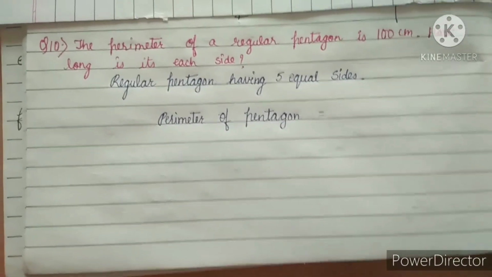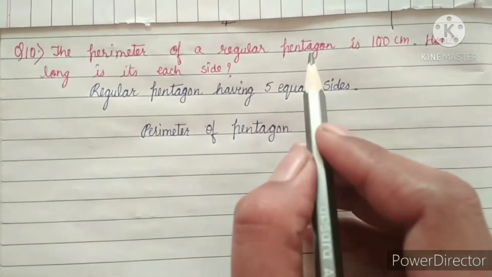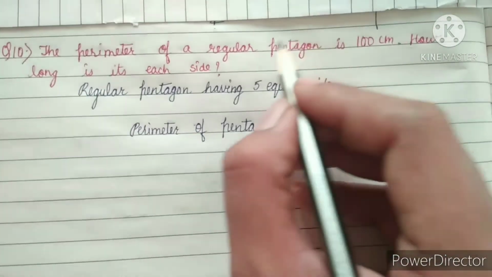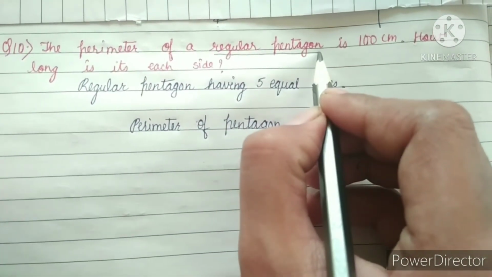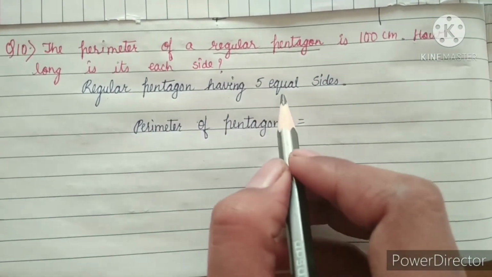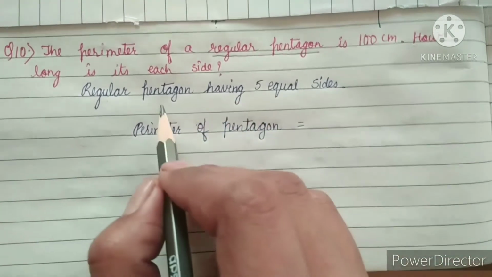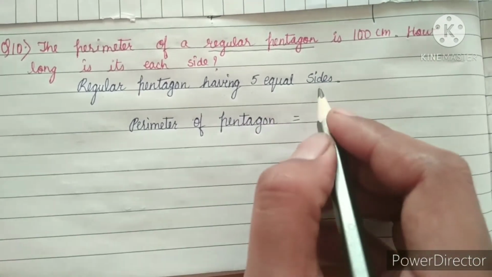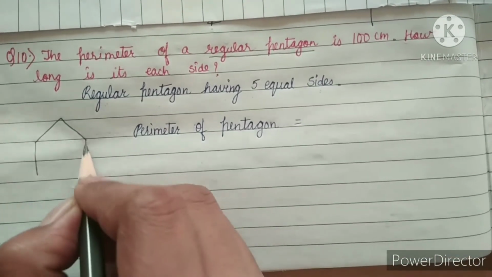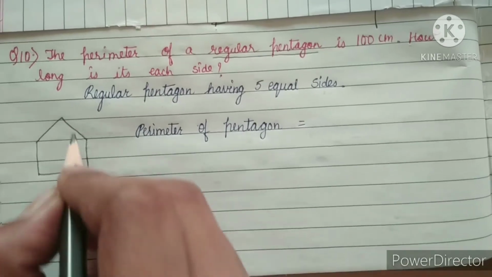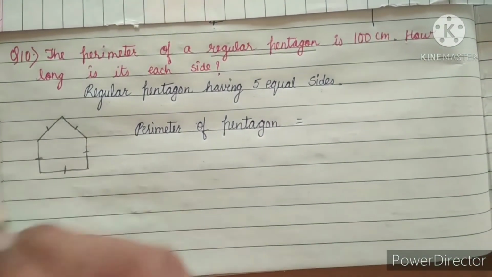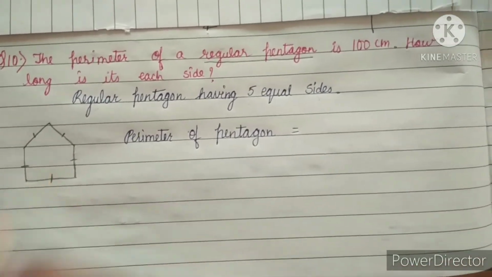Now question number 10 is, the perimeter of a regular pentagon is 100 centimeter. Here we have the figure name as pentagon. A regular pentagon means a figure having 5 equal sides, which can be represented like this. This kind of 5-sided figure is a regular pentagon, whose every side is equal to the others.